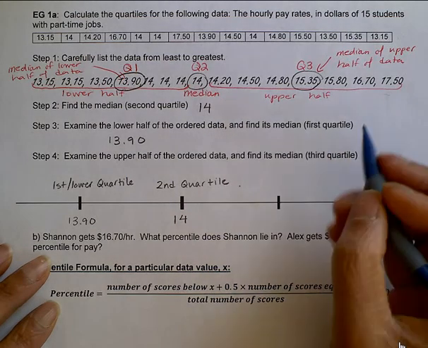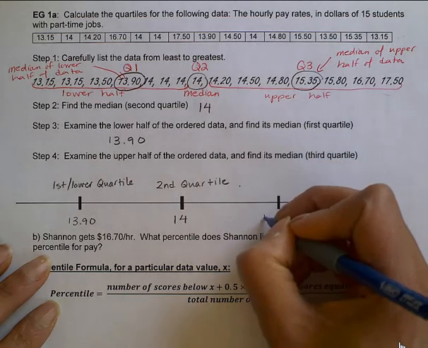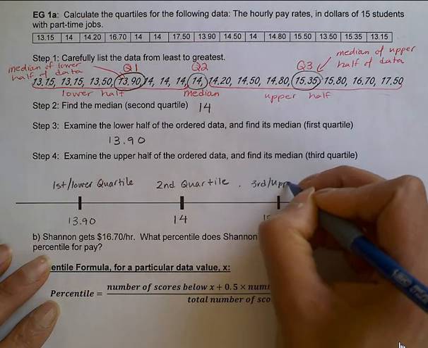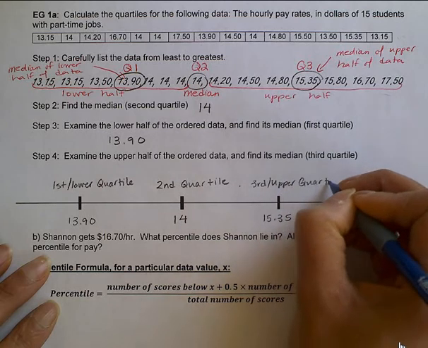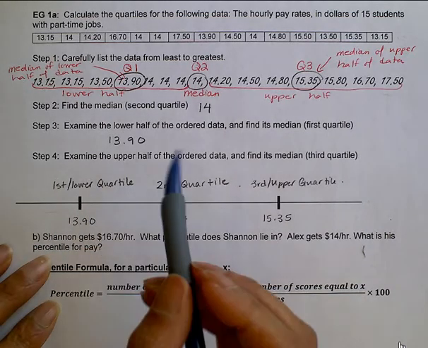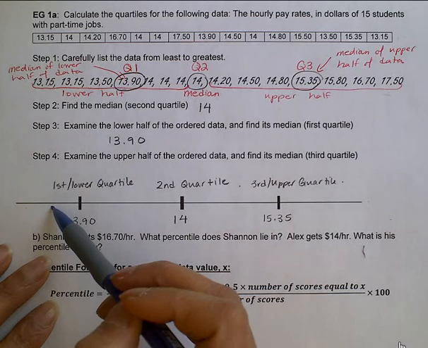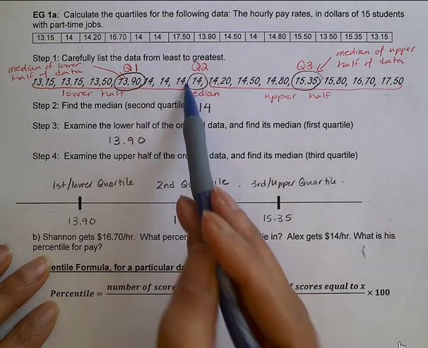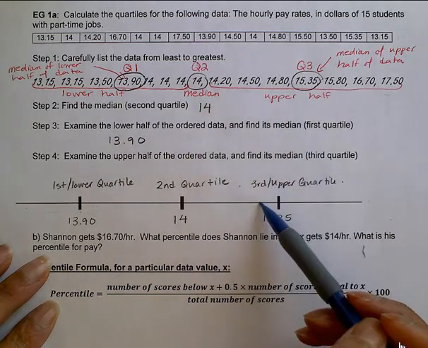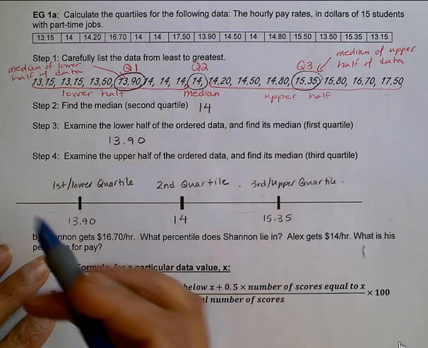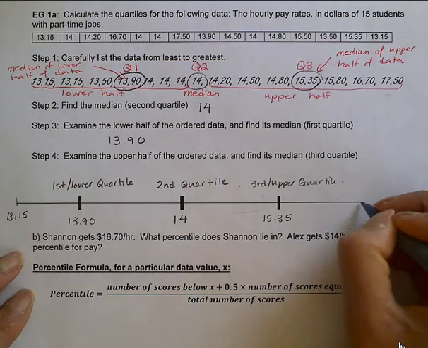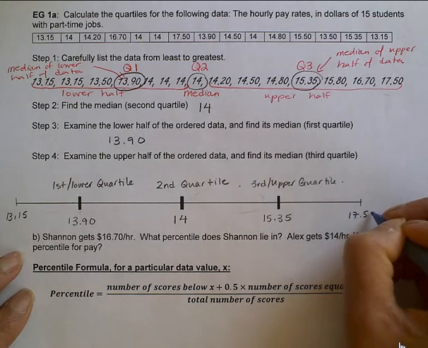We found that middle value, the median, which was $15.35, and that's the third or upper quartile. Now you could list all your numbers in this graph. You could put all these lower numbers up until the first quartile, and then put your next values here up into the median or the second quartile, label your next set, plot them there, and your last set here. So then your numbers would range from the $13.15 wage up to the highest wage of $17.50 for this group of students.